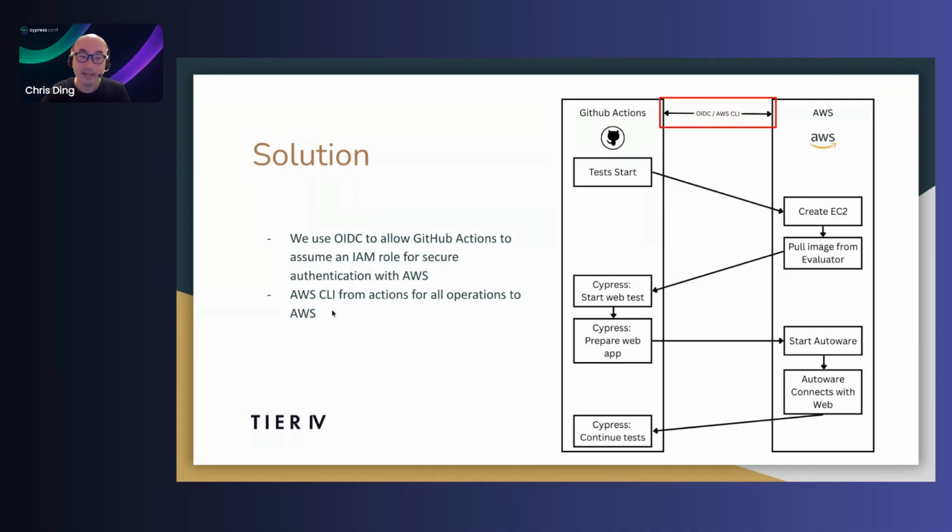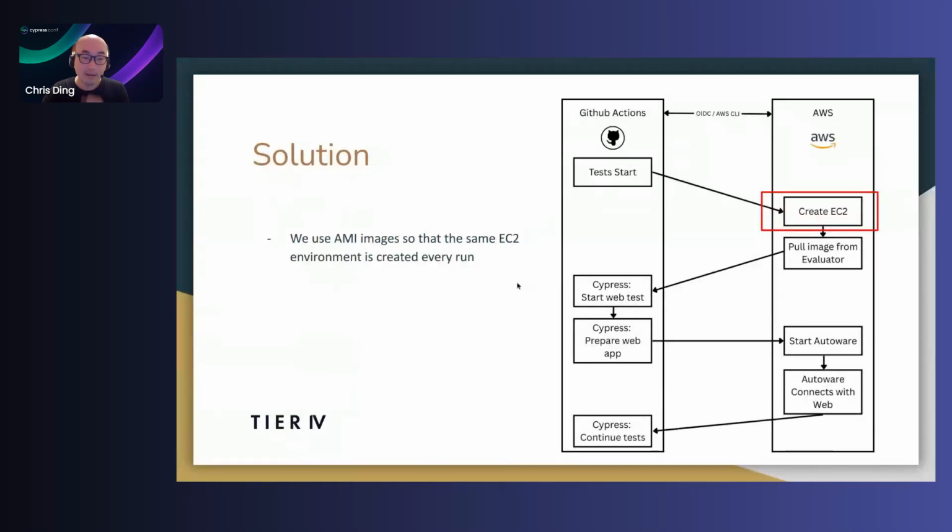And GitHub Actions uses the AWS CLI for all operations to AWS. So all of these arrows pointing from GitHub Actions to AWS are using the AWS CLI. If we look at the top left, the test starts on GitHub Actions. So the trigger is always on the GitHub Actions side.